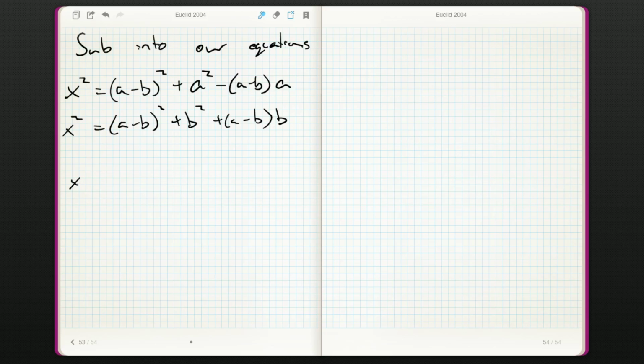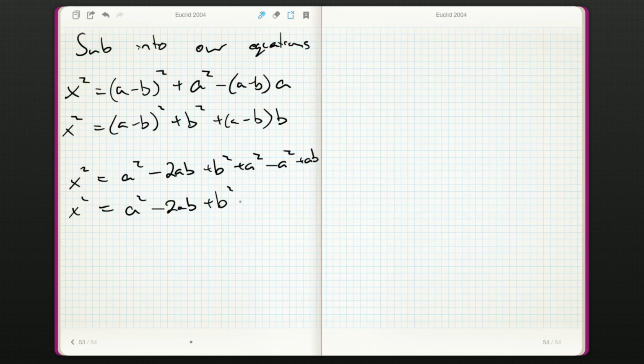So expanding those, x squared is a squared minus 2ab plus b squared plus a squared minus a squared, so plus ab. And then x squared is going to be sort of the same thing, a squared minus 2ab plus b squared plus ab minus b squared.